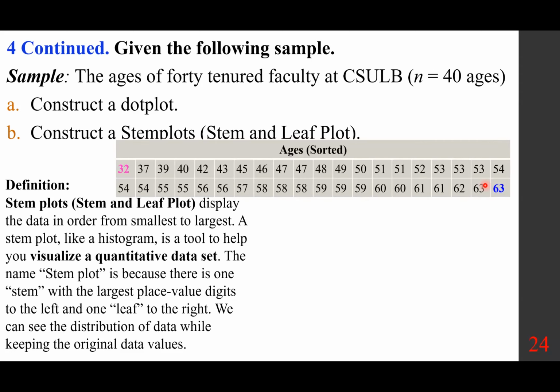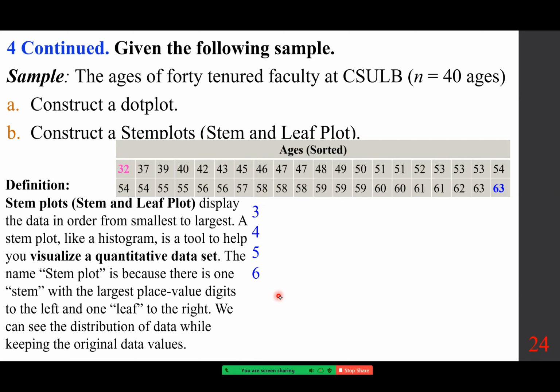When we look at these numbers, you see that we have 32 to 39. That means we have 3 and then 2, 7, 9. Then we have 40 all the way to 49, 50, and so on and so forth. So we're going to put the tens digits, that means 3, 4, 5, and 6, in this column.